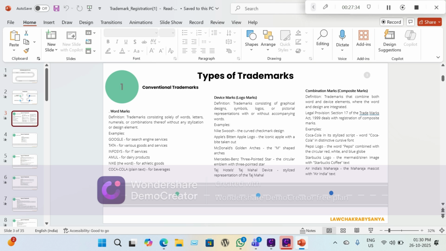Of course, there are different fee criterias also. So trademark applications go in this application form called TMA. All this information you'll find on ipindia.gov.in. So TMA, the fees also differ for individuals or startups or MSMEs.